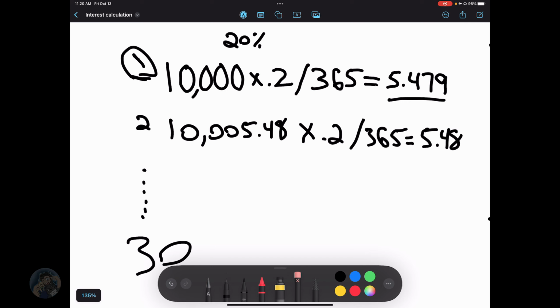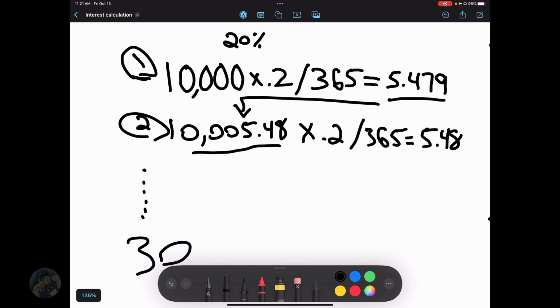They add that interest onto the next day's beginning total. So day 2's beginning total is going to be $10,005.48. If there are no new charges, no new credits, nothing changes, then day 2 would be this amount times 0.2 divided by 365, and your interest for that next day would be $5.48.